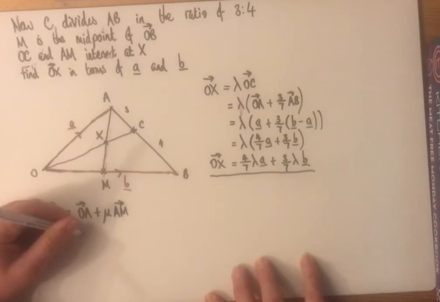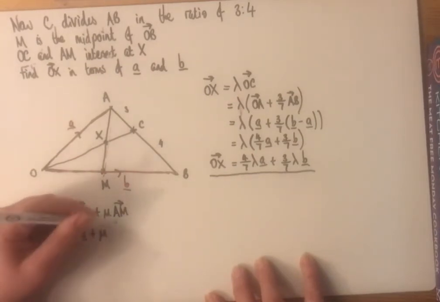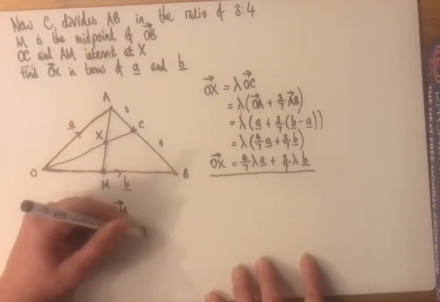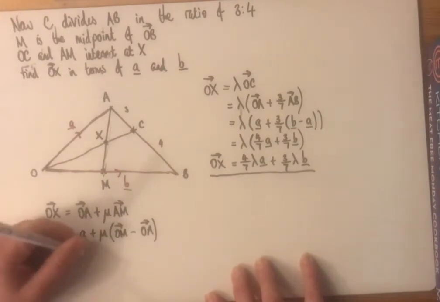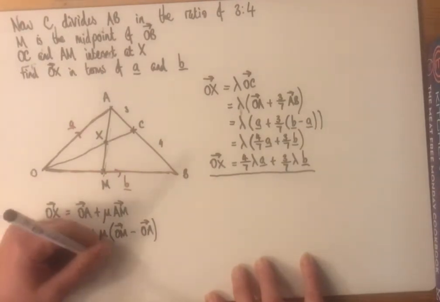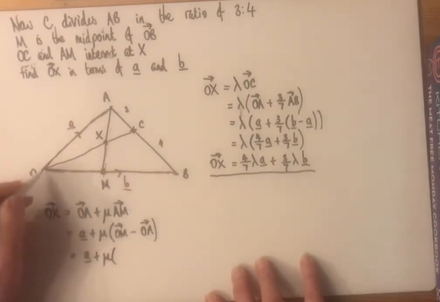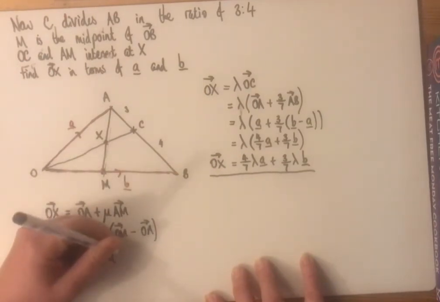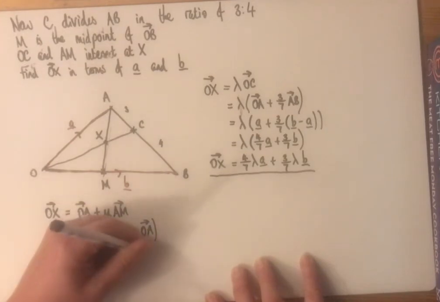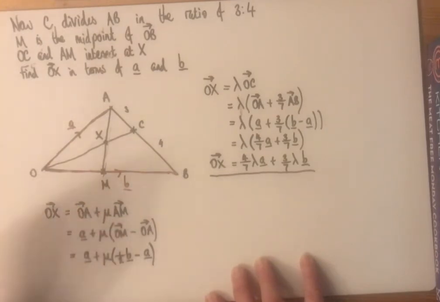And then the position vector of A is a, and then the vector that takes you from A to M is the position vector of M minus the position vector of A. So this is a plus mu lots of OM, which is a half b, because we know this is halfway along OB, minus OA, the position vector of a.